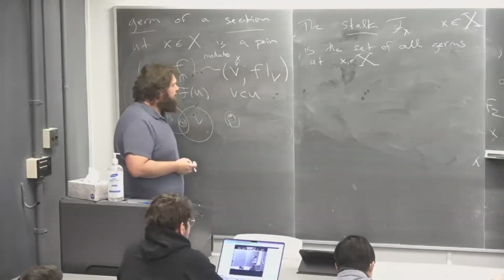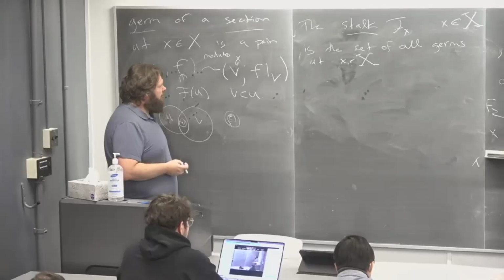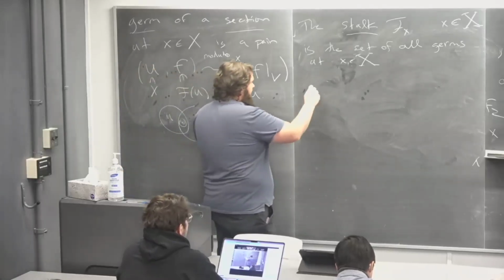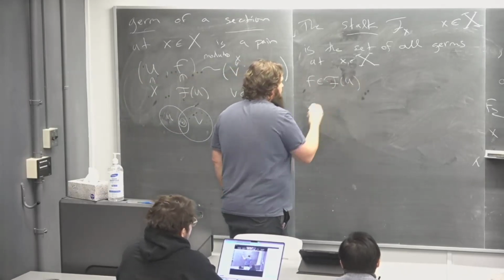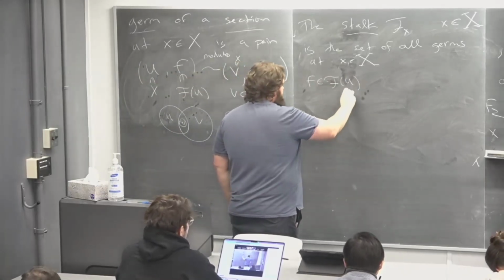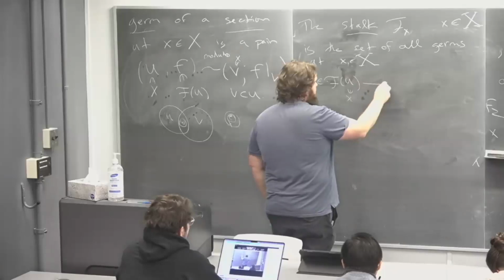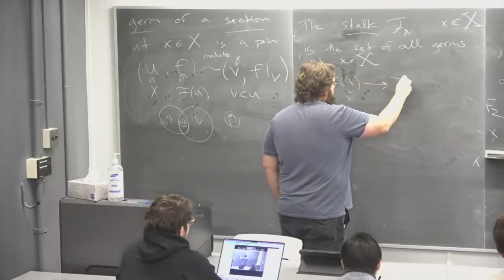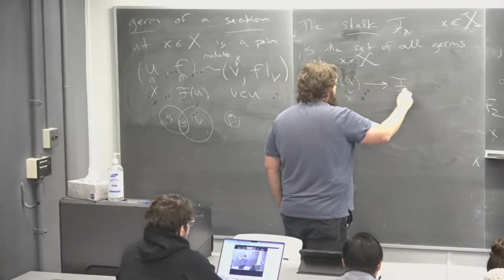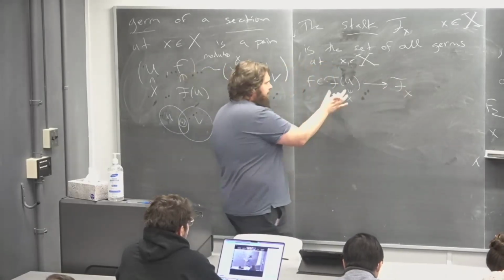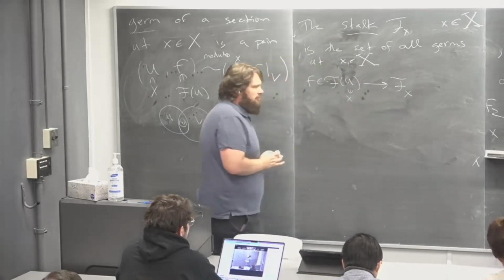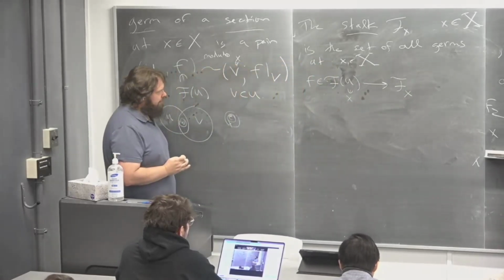I'll just mention here, if I have any section and x is an element of U, then I can look at the germ of that section in F of x. So I have a map from F of U to the stalk F sub x.